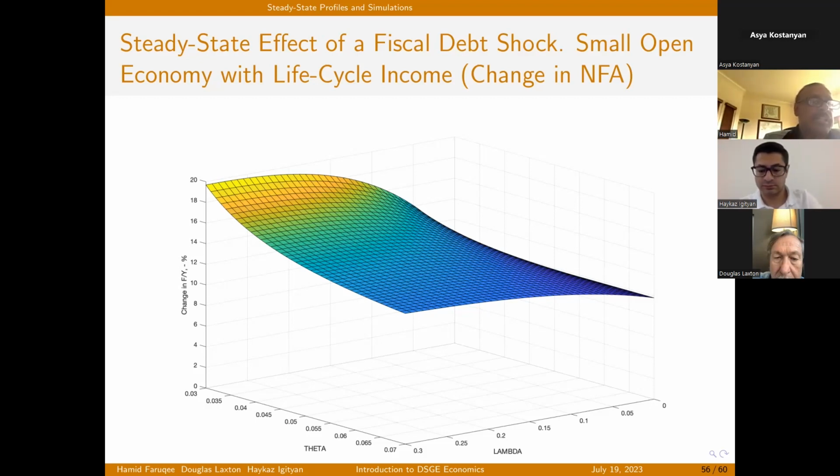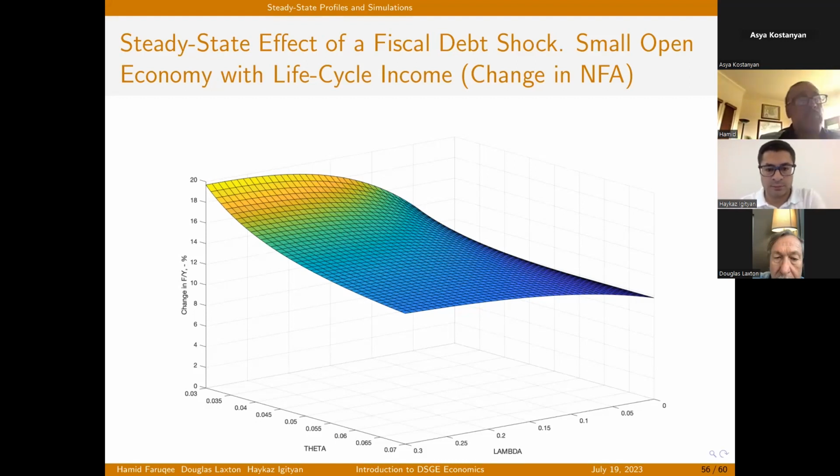But really interestingly, in both cases, you actually get very sizable implications in the small open economy, where public debt crowds out a lot of NFA. An increase in public debt, a decrease in public saving really tends to push down national savings quite a bit, and the country ends up borrowing in international capital markets.